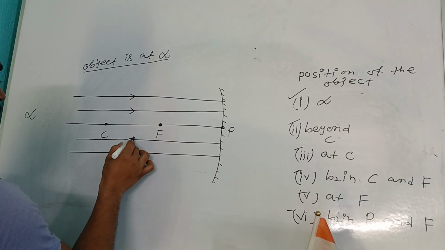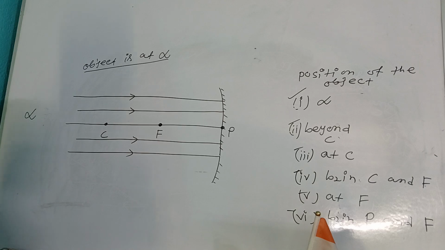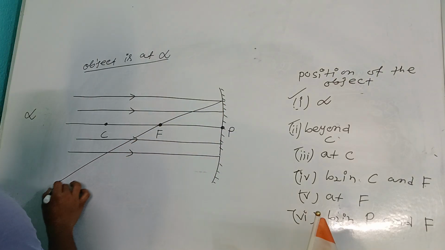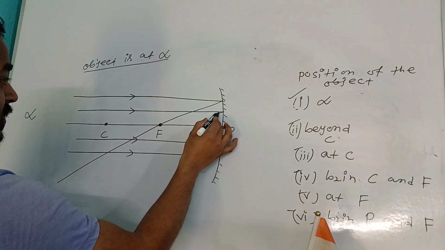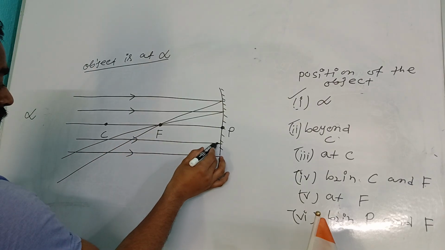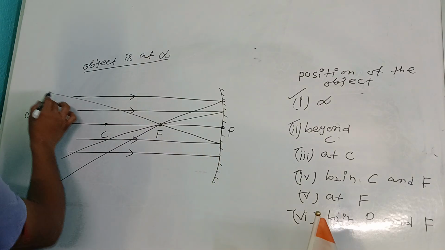Okay, so those are incident rays. And after the reflection it will pass through the focus. After the reflection all the rays are passing through the focus.